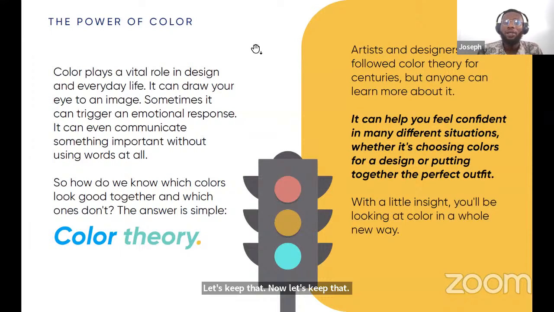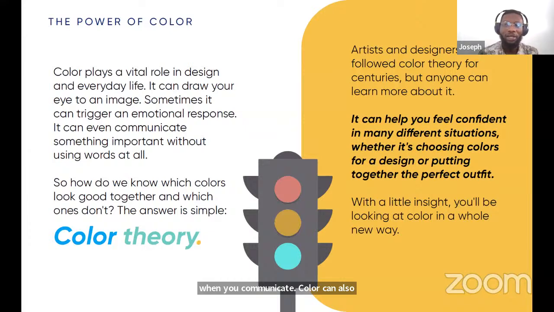Color plays a vital role in design and in our everyday life. It can draw your eye to an image. Remember the example of emphasis I gave: you walk into a walkway and you look down, you see a red frame. That's the first thing you see. Color draws your attention. Color can trigger emotion when you communicate, and it can also communicate importance.